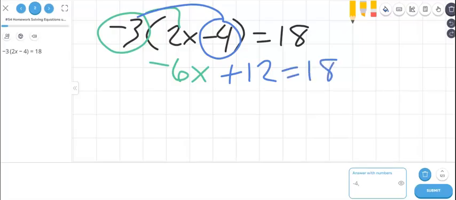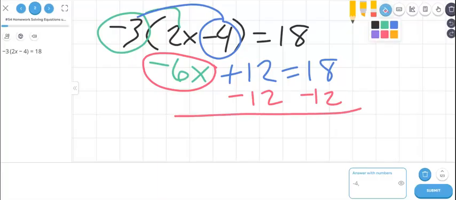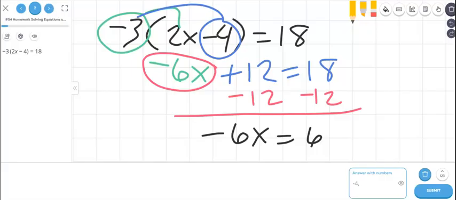And all of that equals 18. So now we're going to solve this two-step equation. Our variable term is the negative 6x, so we go minus 12 to get rid of the 12. So we end up with negative 6x equals 18 minus 12 is positive 6.